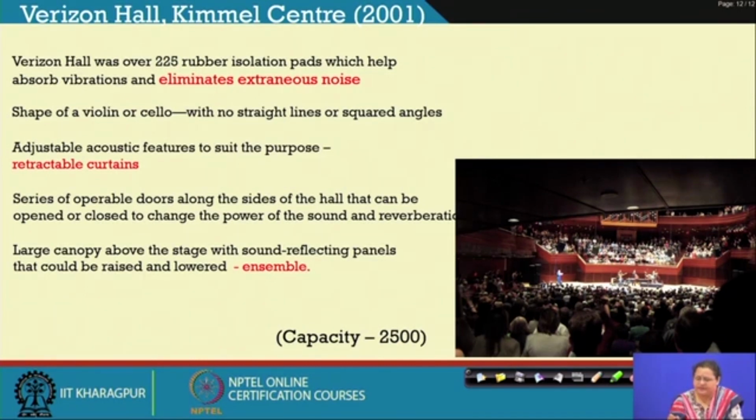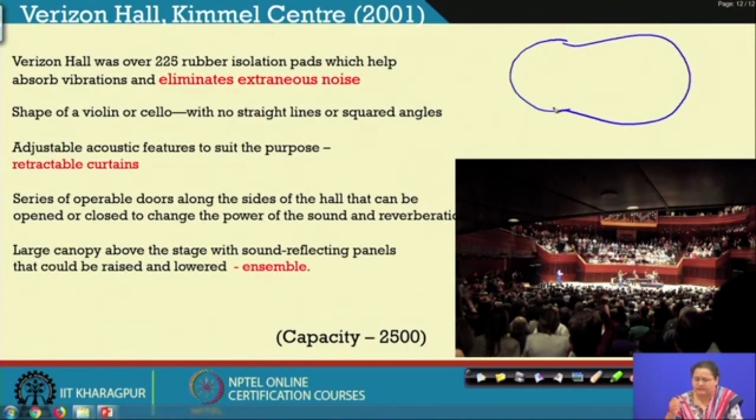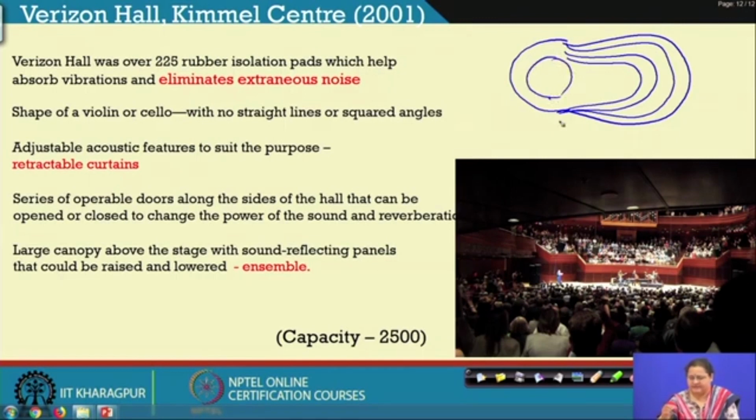The shape of this particular hall is like a violin or a cello, and if you see, the balconies are all around. It has 3 tiers of balcony and the stage is here and some seating around, as you can see in this picture.